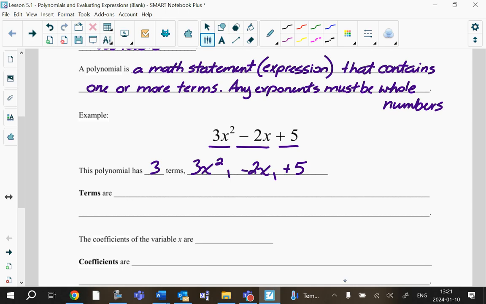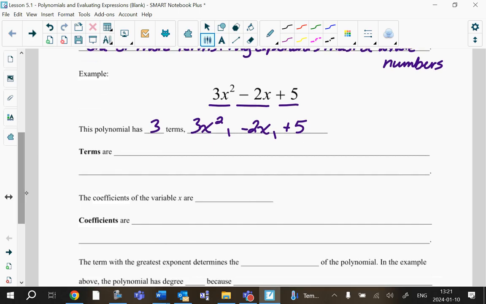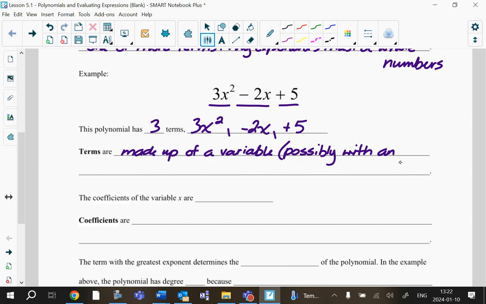And what are terms? Terms are made up of a variable, and this variable might have an exponent, possibly with an exponent, and a number being multiplied.